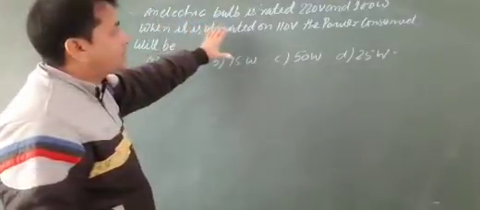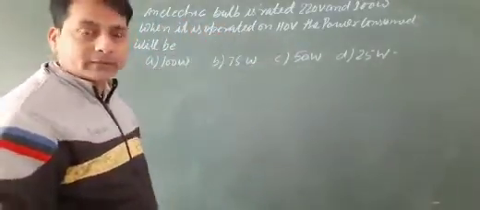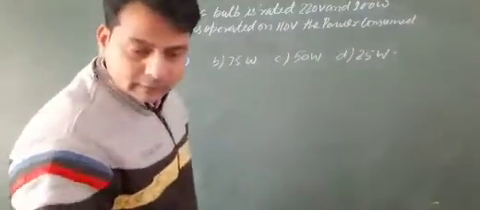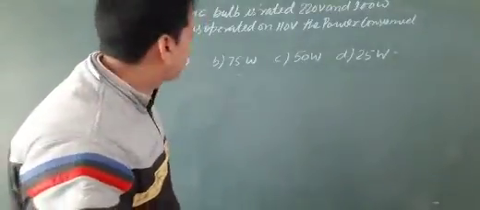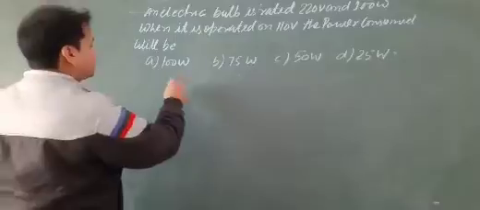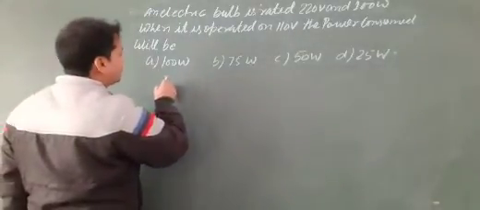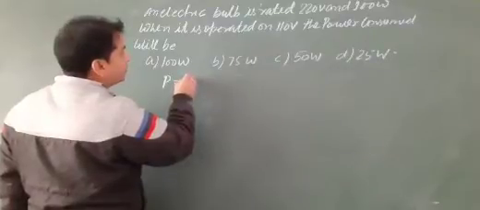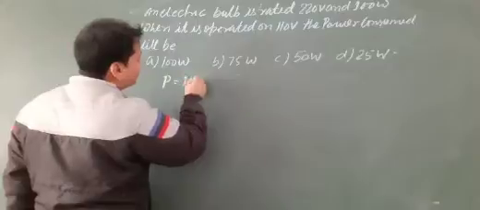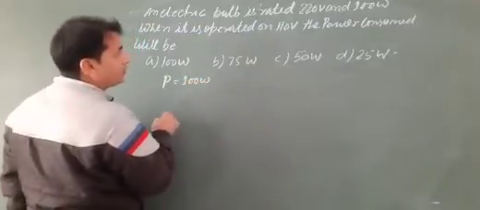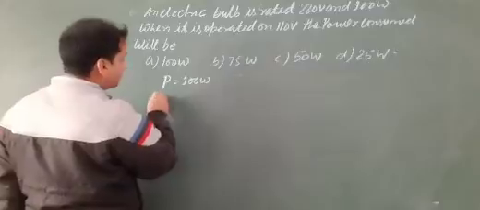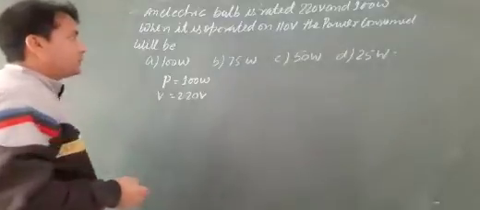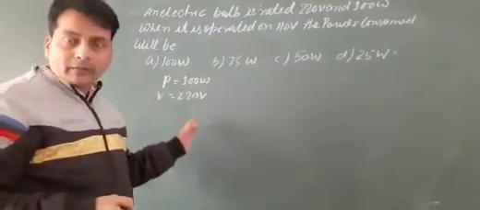The power is P equal to 100 watt and the value of potential difference is given here, 220 volt.